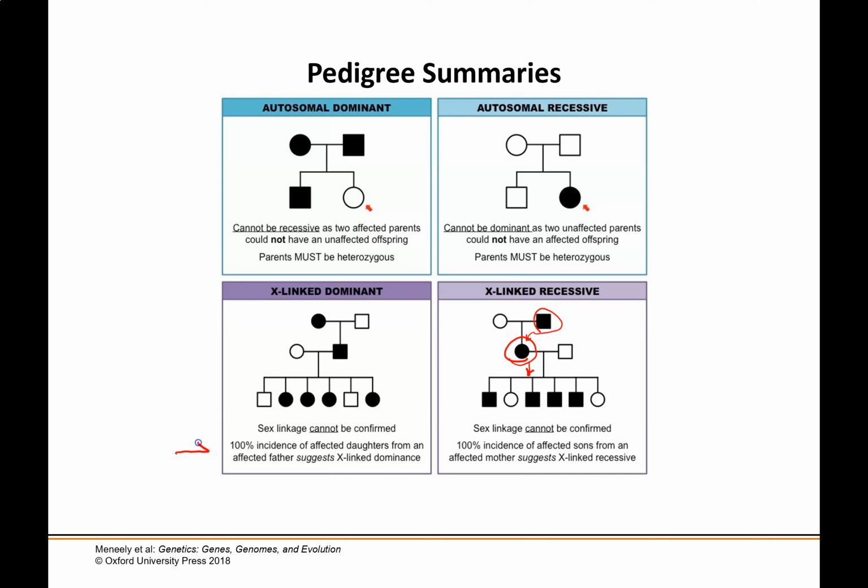But we've got some of our conditions down here. X-linked dominant, 100% incidence of affected daughters from affected fathers. And for X-linked recessive, 100% incidence of affected sons from affected mothers. Now remember that with X-linked recessive, it's less common in females, so you often don't have affected mothers. So you have to look at several different things.